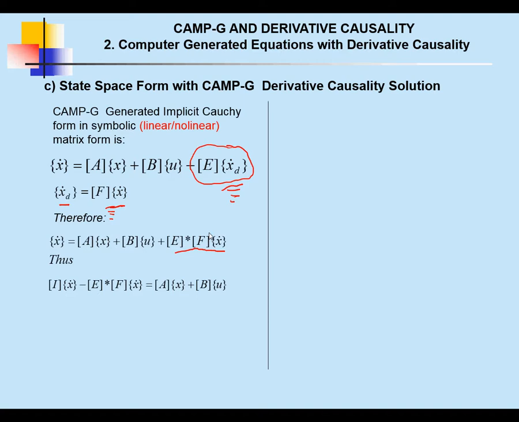But you see in here x dot, if now we solve it, you see you have x dot over here and you have the x dot over here. So let's move this term to the left like that, as I have done it over here, and we continue the solution. See?